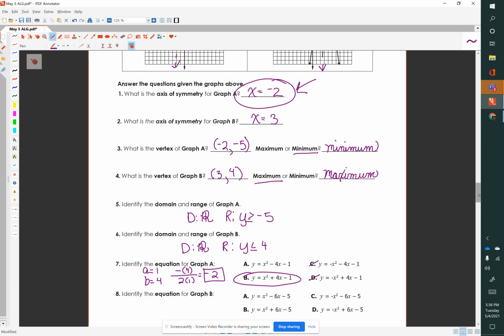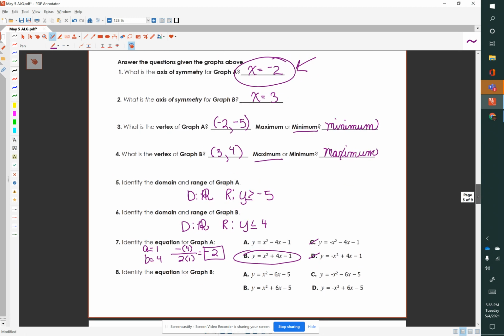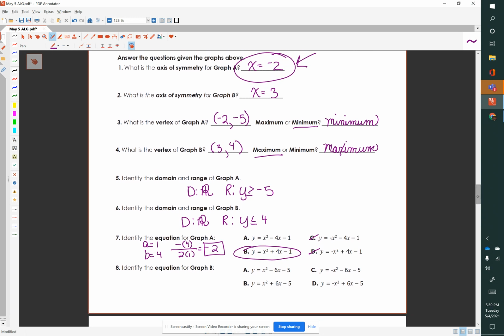Now we'll go through the same exercise with graph B. With graph B, it's a downward facing parabola, so A cannot be right, B cannot be right. So let's look at C and D. If we try C, we have an A value of -1 and a B value of -6. So let's find the axis of symmetry.